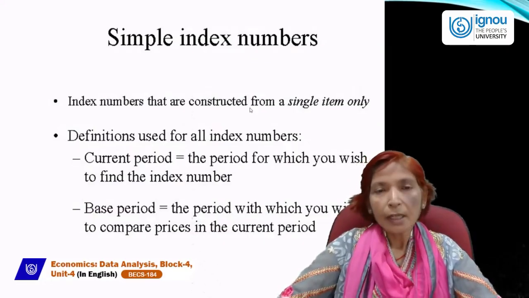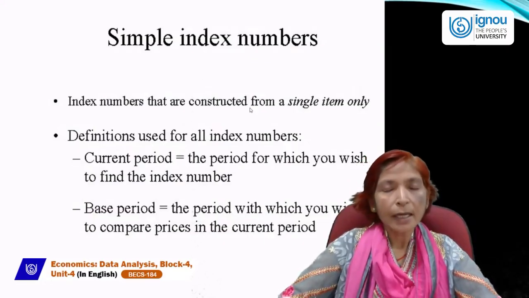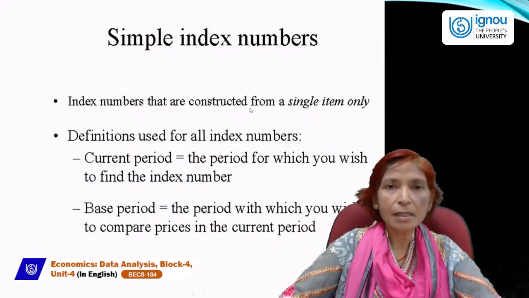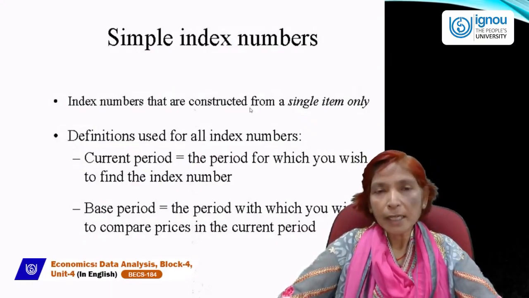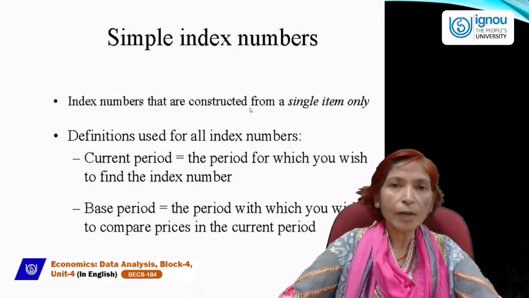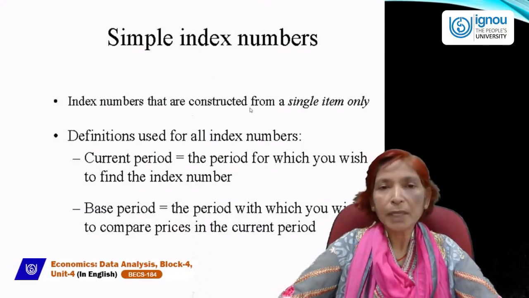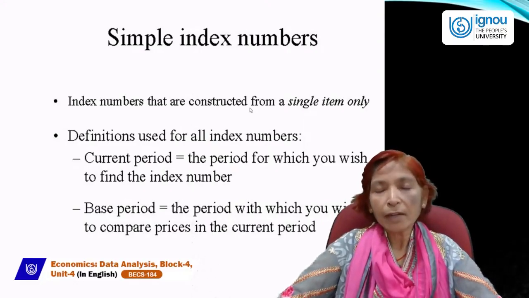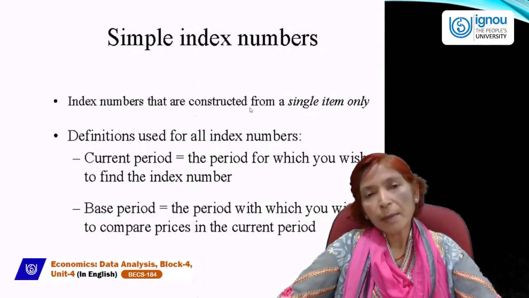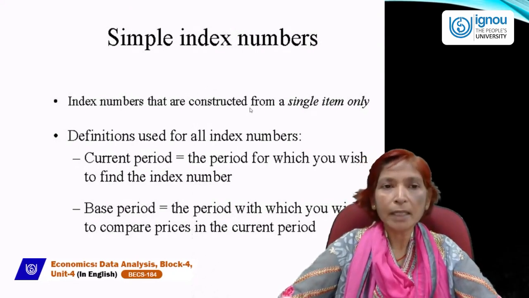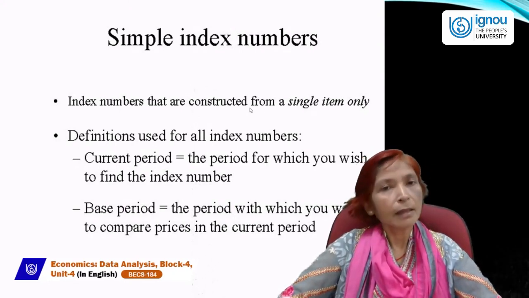For example, if the 2022 price and 2021 price are given, then the current price we denote by P1, and the 2021 price is called the base year price, denoted by P0. P1 divided by P0 multiplied by 100 gives us the simple index number.